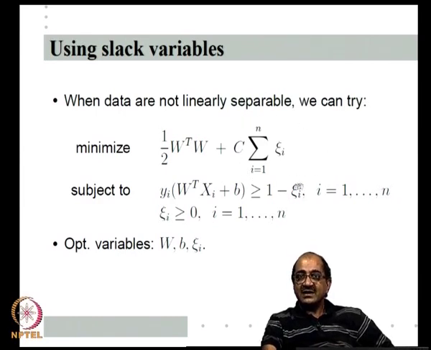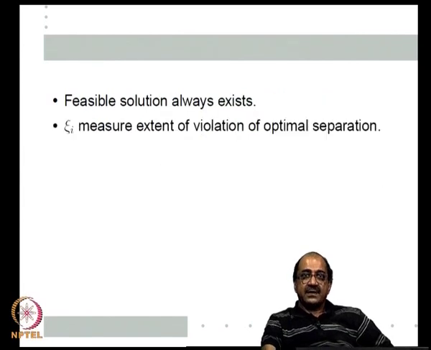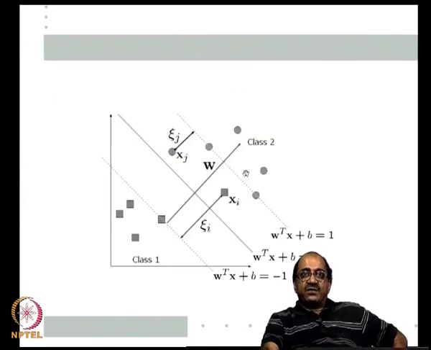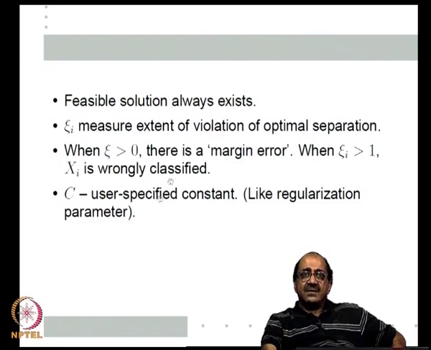So, this tells me some measure of the error in optimal separation. The C tells you how much of error I am willing to trade with how much of increase in margin. C is a user defined parameter, much like a regularization constant. Later on we will see that it is actually the regularization constant. C is user specified.